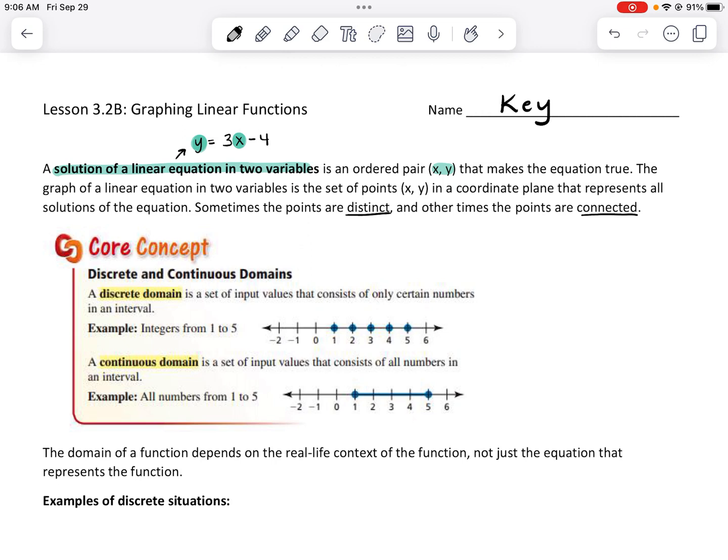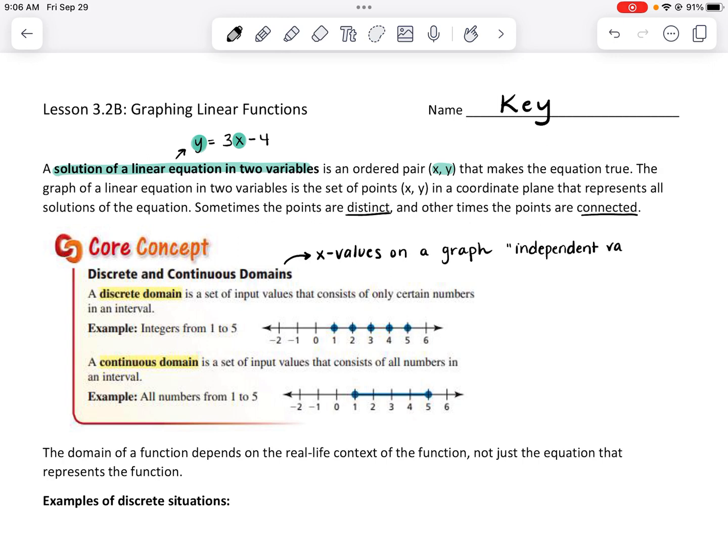And this is where we get into discrete and continuous domains. So let's just make a couple notes here. Domains are the x values on a graph. And they're also the independent variable.